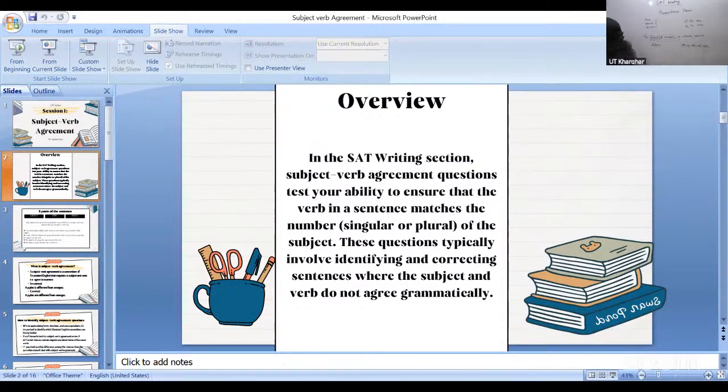Now, here you have to focus on which is the subject over here. Focus on this sentence. We already know the verb. Yes. Games is the subject.